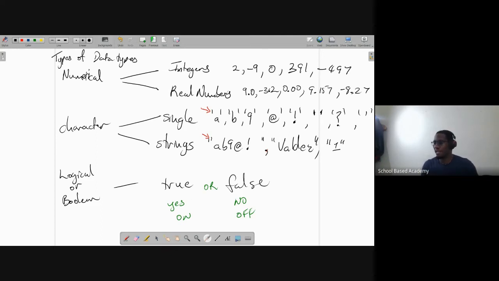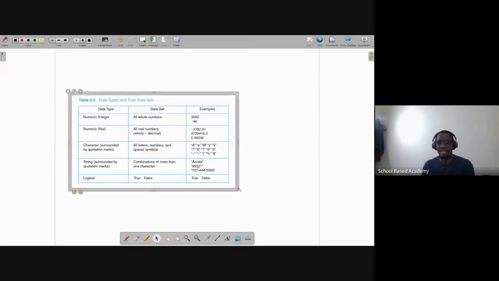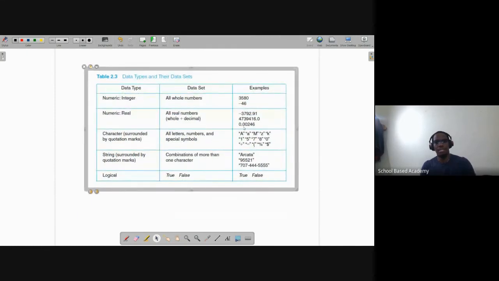I'm moving forward, and I want to put a nice little table in here, because it's easier to read something that's printed than Mr. Valdez's handwriting. So data types are data sets. We have different data types: numeric, integer, real, character, string, and logical.